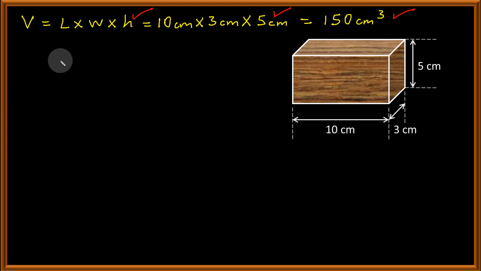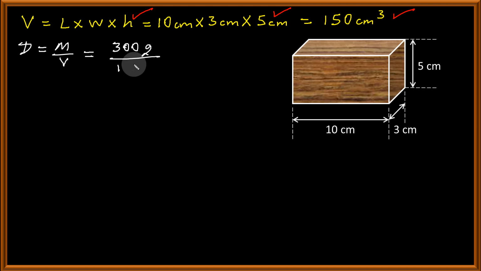Let's go to the second part that requires you to calculate the density in grams per centimeters cubed. Since we've been given that its mass is 300 grams, and now we have worked out its volume, it follows that density is equal to its mass divided by volume. Again, here I'm going to give you 1 mark. Its mass is 300 grams.